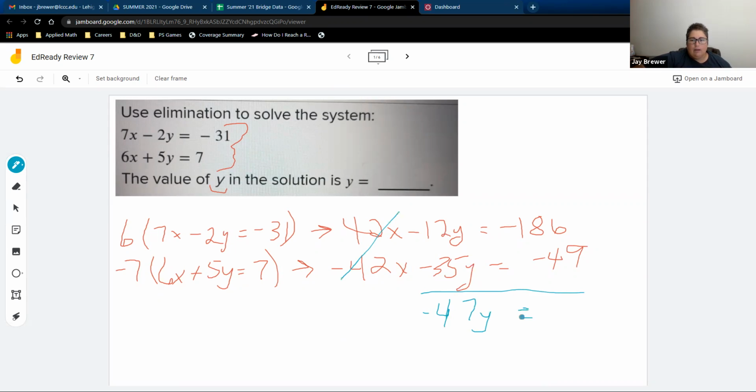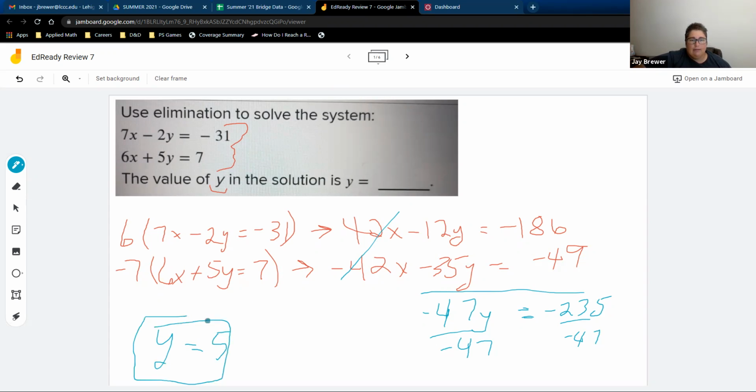And then if we combine our constants on the right, we get -186 plus a -49 will give us a -235. If we divide by -47 on both sides, then we're looking at y is equal to 5.